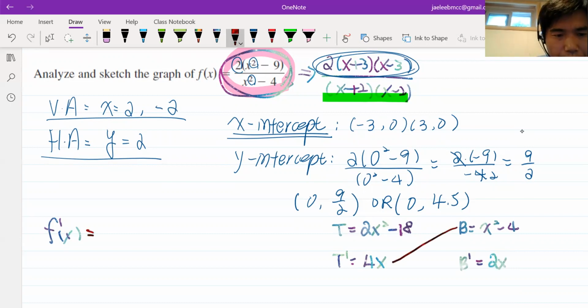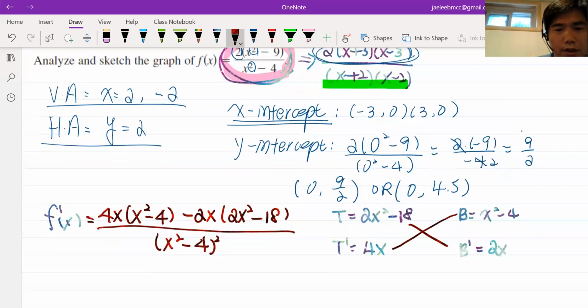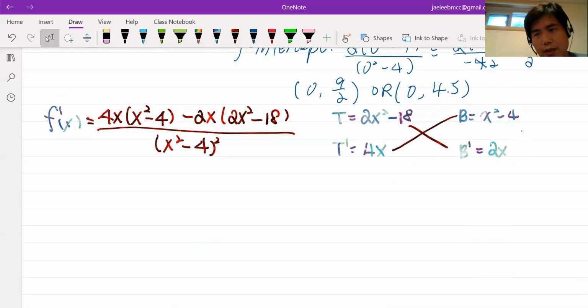So 4x(x² − 4) minus 2x(2x² − 18) over (x² − 4)². I'm going to expand it and simplify.